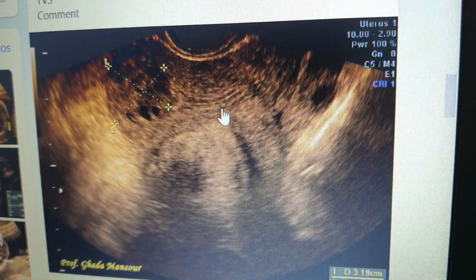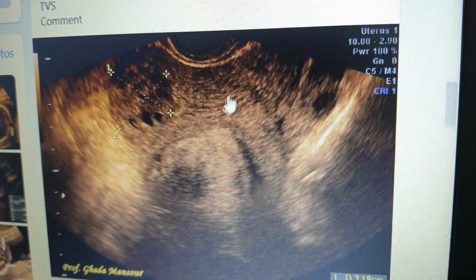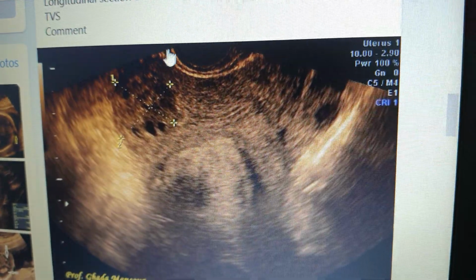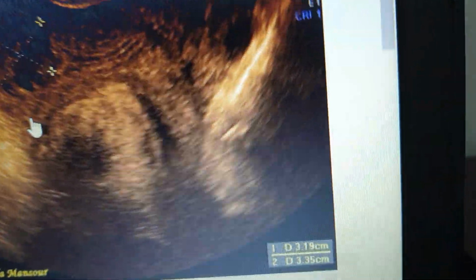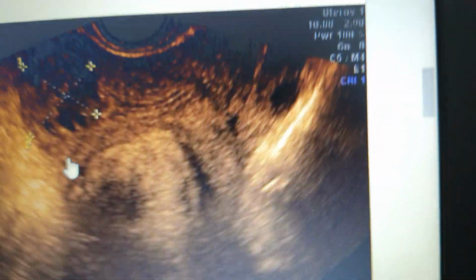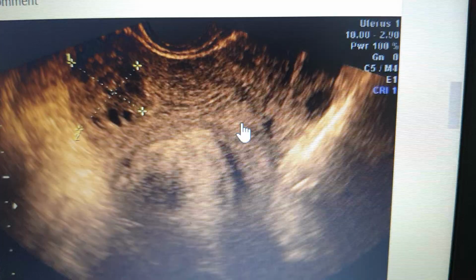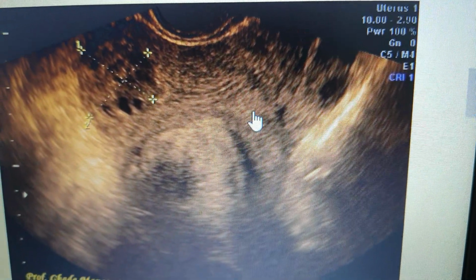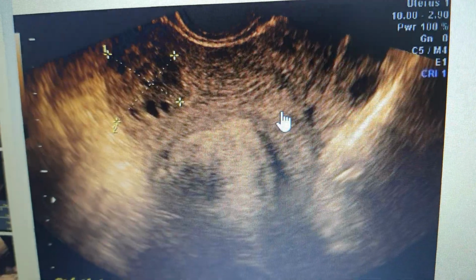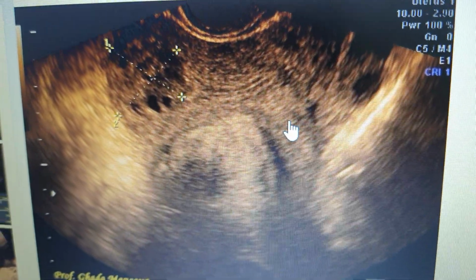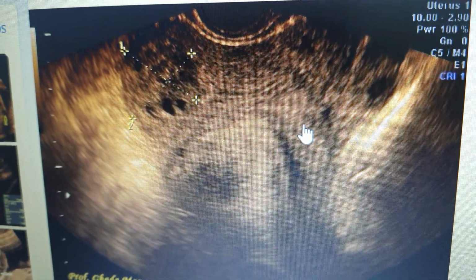So this is triple endometrium. This is the uterus. These are the borders and the outlines of the uterus. I know this case is difficult, and so no problem to be a little bit confused, but you have to see many pictures and many cases with altered anatomy, and you have to know the differences between each picture and the other.